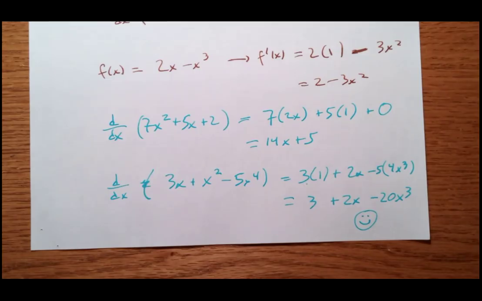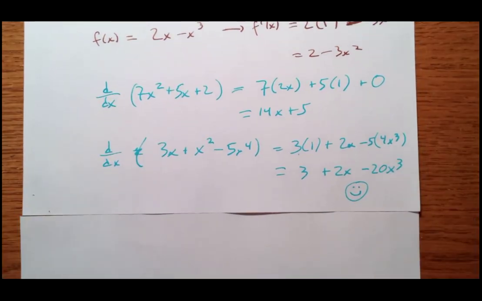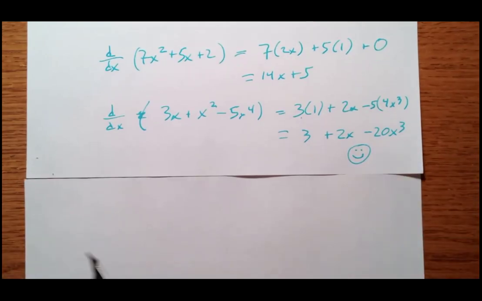Derivatives tell me about the slope of the tangent line, right? Derivatives tell me about rates of change. Derivatives tell me a lot of information. And now I have a faster way of getting there from here. So here's a question similar to one we were asked in the homework.